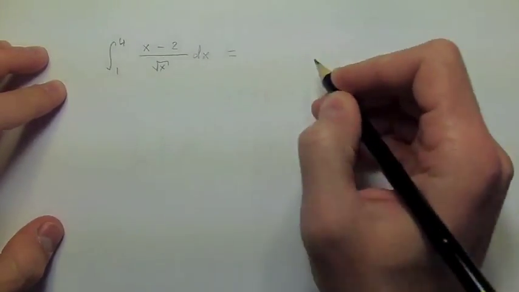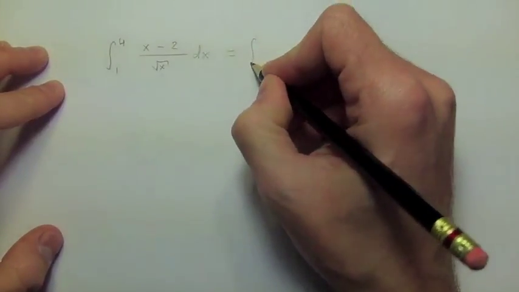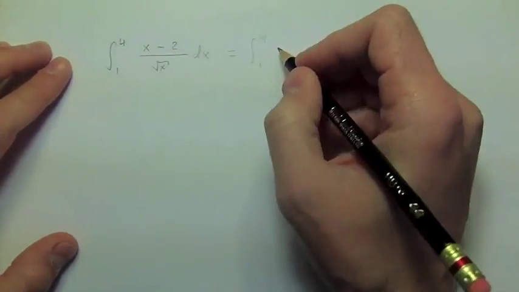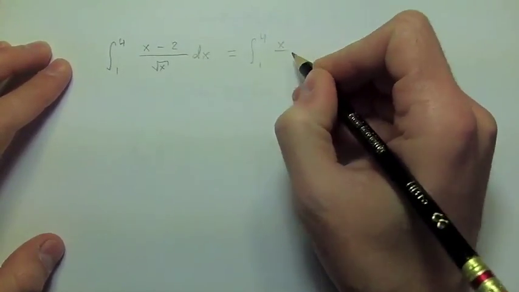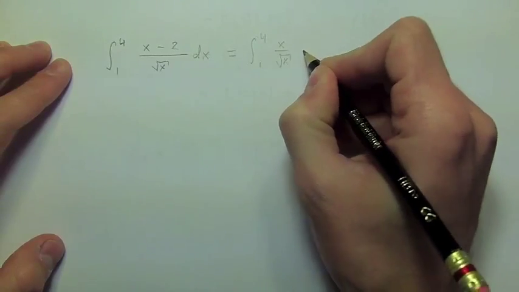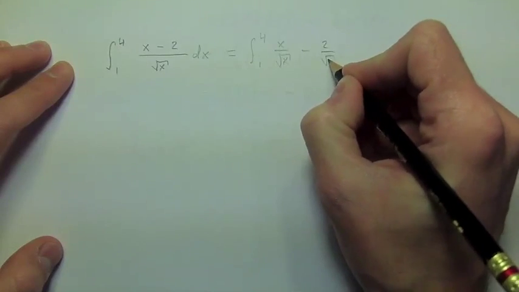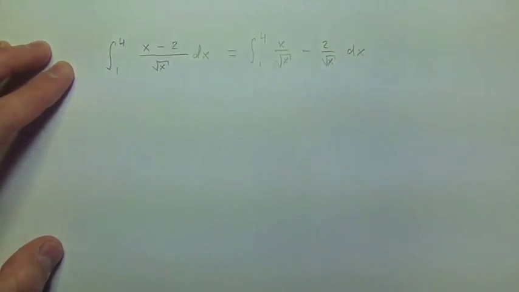And we do that by splitting up the fraction. Okay, so that's just going to be the integral from 1 to 4. As you see, of course, I'm writing the integral sign again. It's x over the square root of x minus 2 over the square root of x dx.